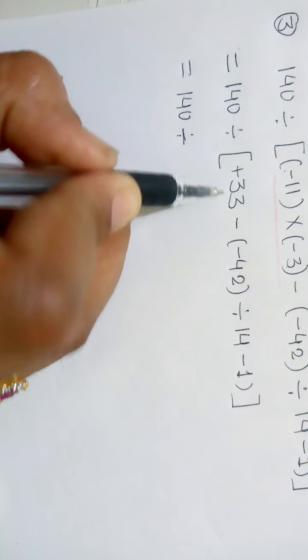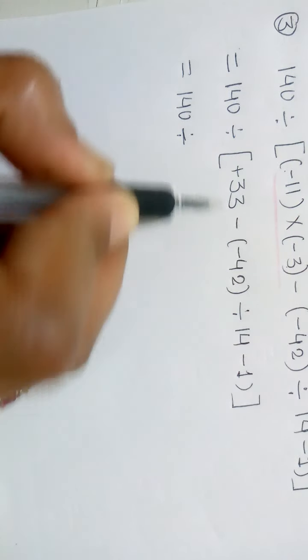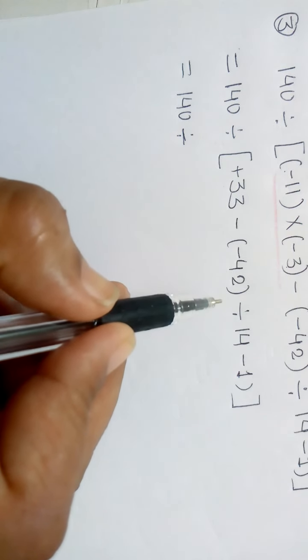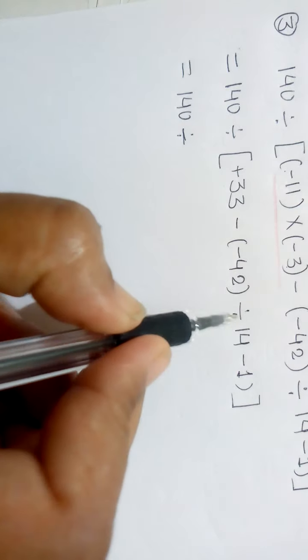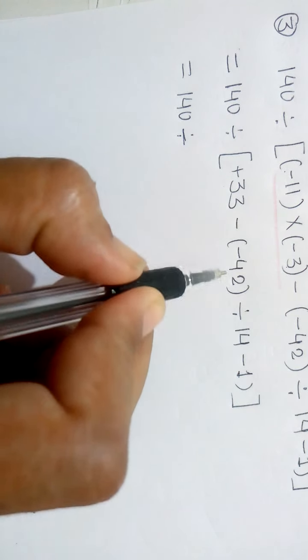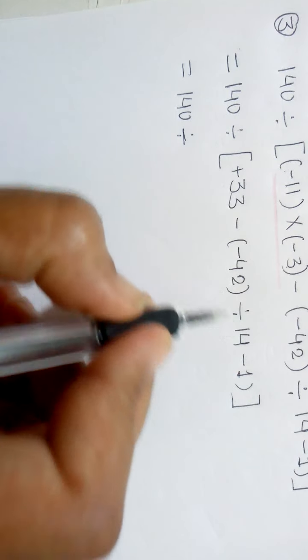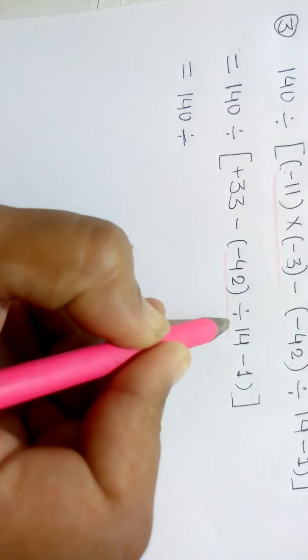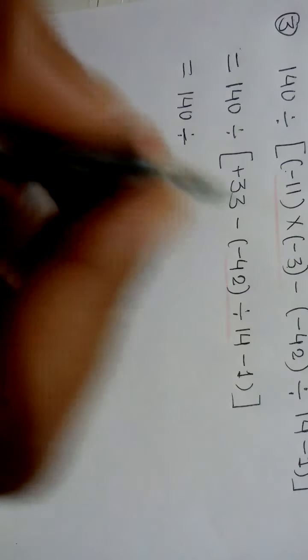In the bracket, which operation is there from multiplication and division? See here, 33 minus negative 42, but we will not think about this operation. Why? What does our rule tell? Our rule tells that we have to do multiplication or division, whatever it is, first. So here division is there. This division we will do first. This one, negative 42 divided by 14.